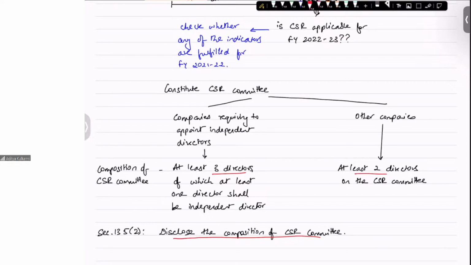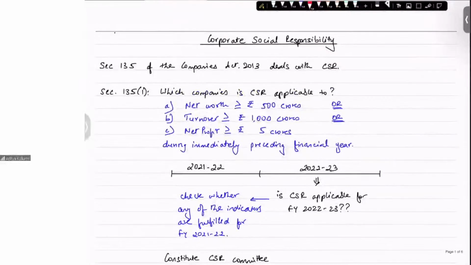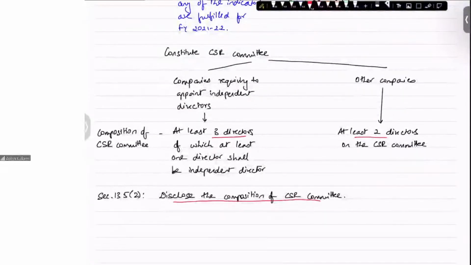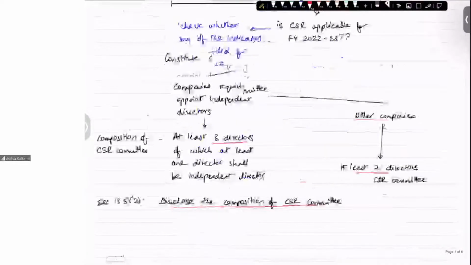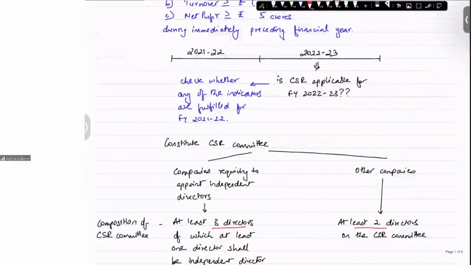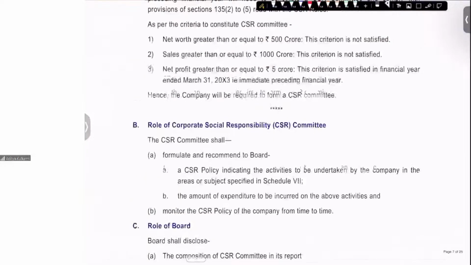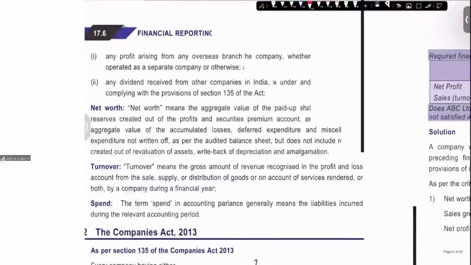Nothing difficult. Okay. All right. So now once that is done, we then move on to 135(3). So let us come to your study material. So this is 135(1).